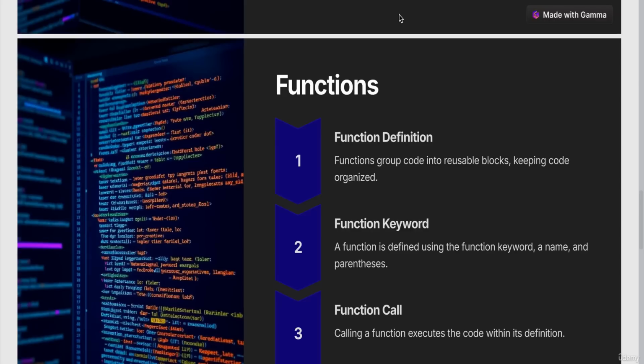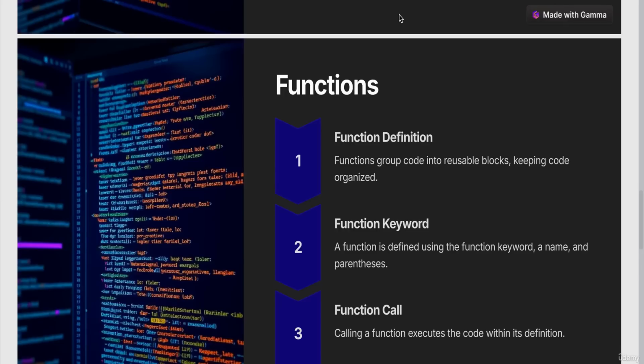Think of functions as a mini program within your code. Instead of repeating the same steps over and over, you can write them once inside a function and call them whenever you need to.